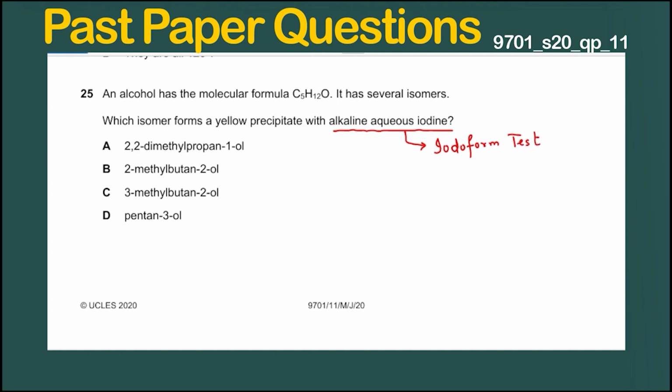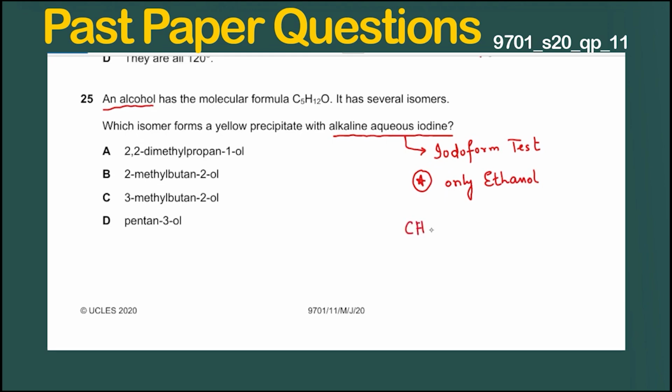For the iodoform test, remember this in the case of alcohols, because this is an alcohol. Beta ji, among primary alcohols, only ethanol can give the positive test. Only ethanol.